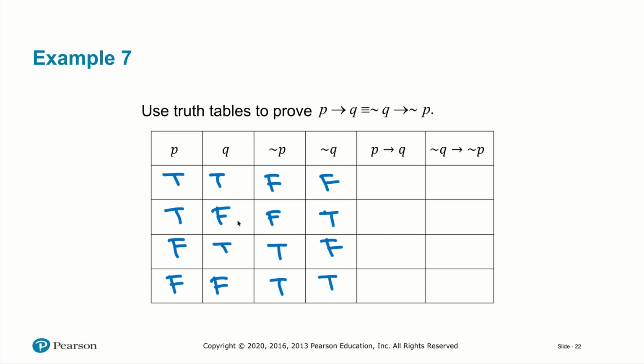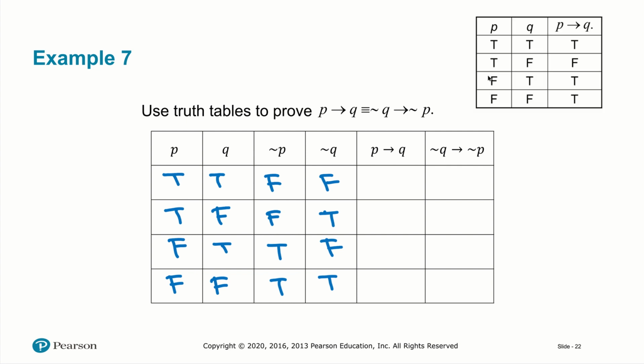All right, now P implies Q. So now we're only focused on these two and going in this direction, right? So let's bring back the table for implications just to remind you, okay? Okay, so I've pasted the original table we had, the truth table for implication.